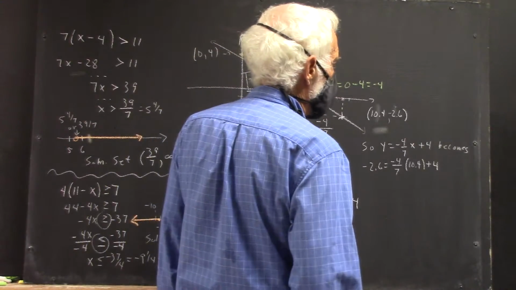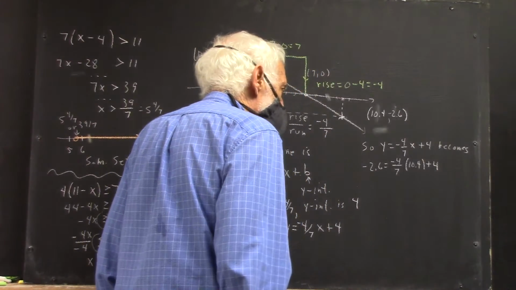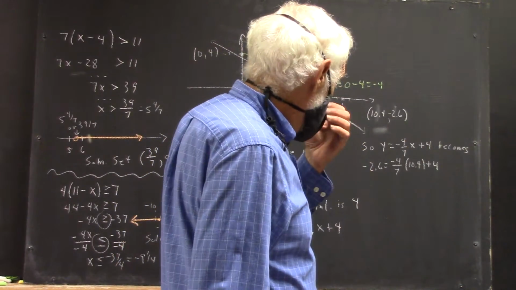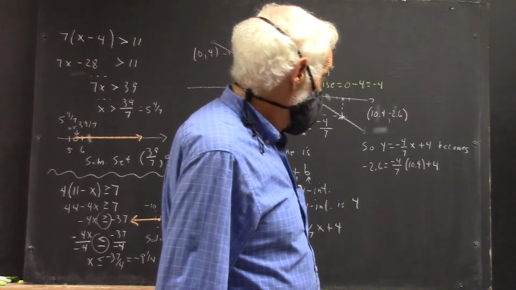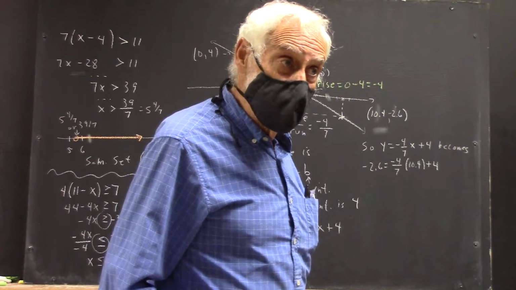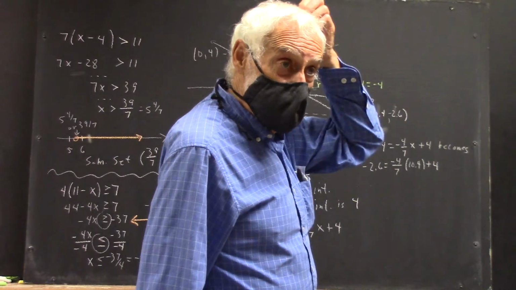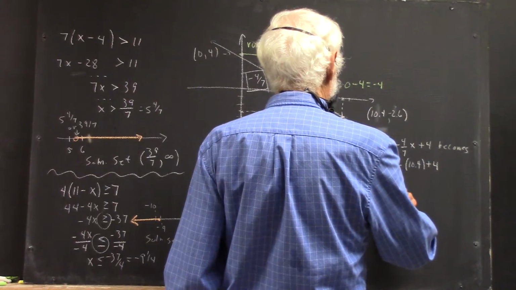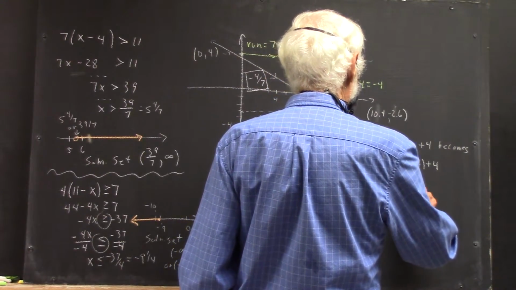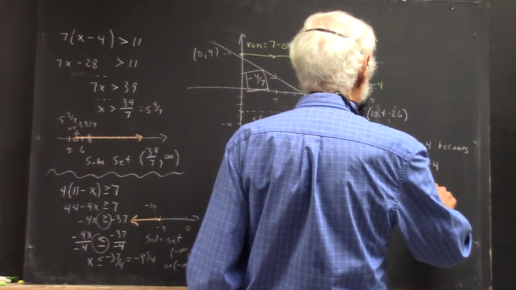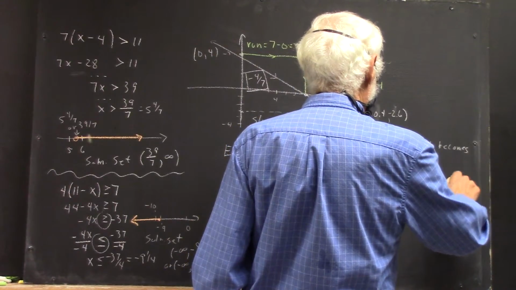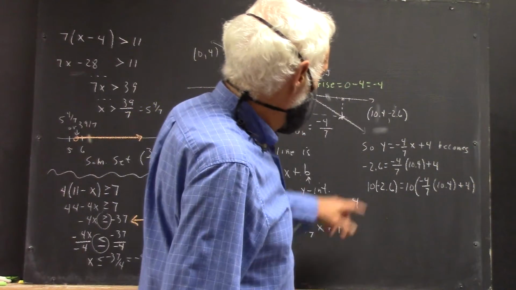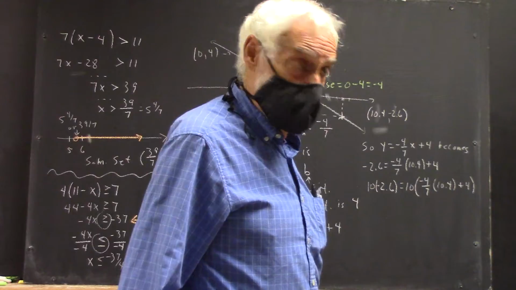Now, I don't like to deal with fractions, and I don't want to deal with decimals either. So what I can do is multiply both sides of this equation by 10, and that's going to get rid of my decimals, isn't it? So I'm going to say, well, 10 times -2.6 equals 10 times the quantity, -4/7 times 10.4 plus 4. Being sure I multiply 10 by both sides of the equation.